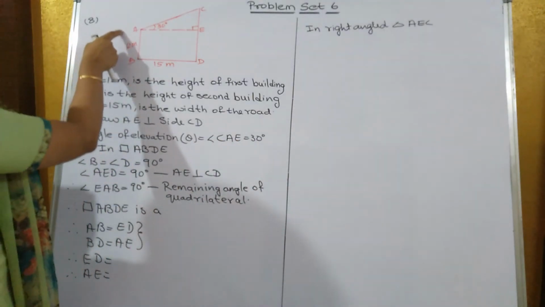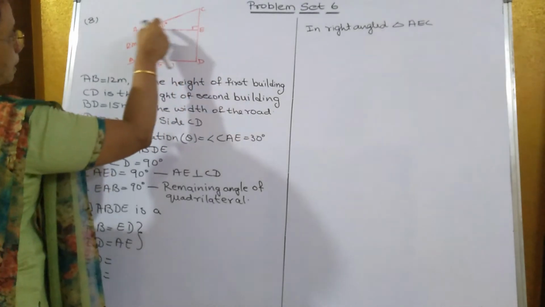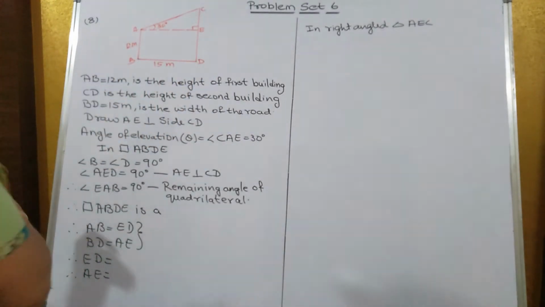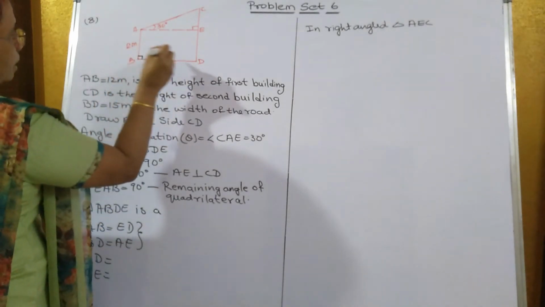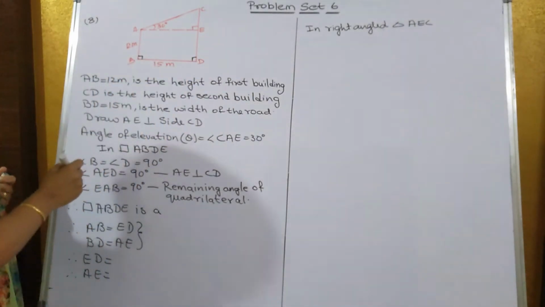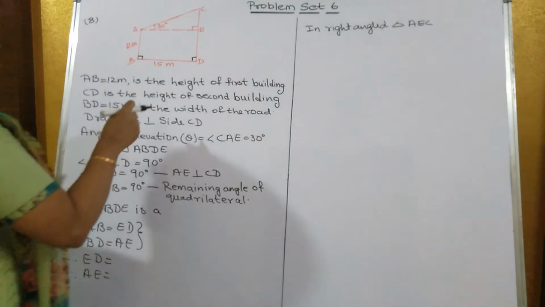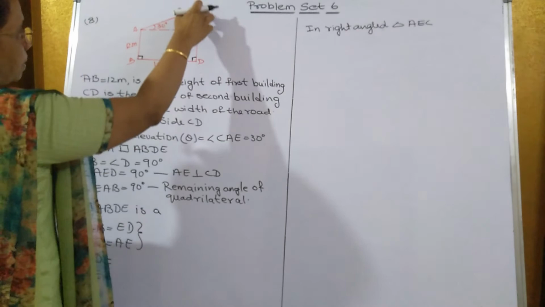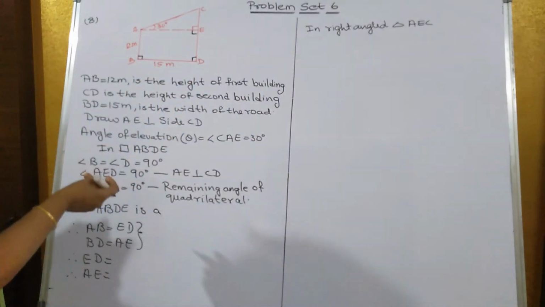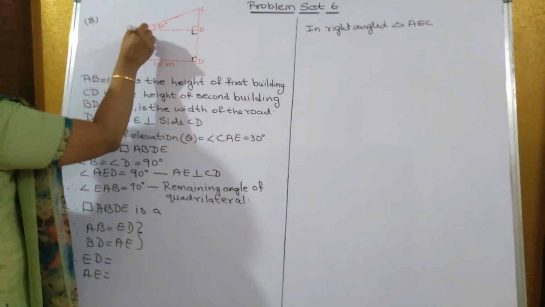Now in this quadrilateral ABDE, angle B and angle D are equal to 90 degree. Both are 90 degree. And angle AED, this is also 90 degree. Why? AE is perpendicular to CD and one angle is only remaining, so that will also become 90 degrees.